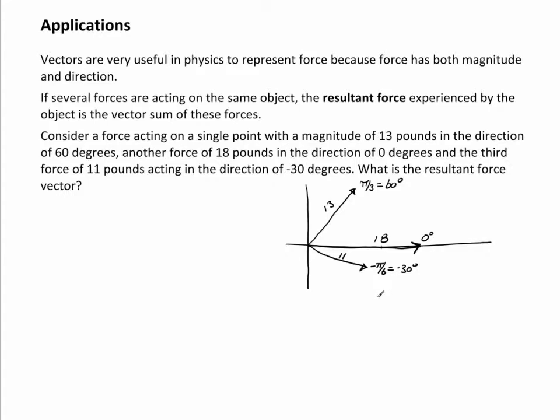Now, when I start thinking in terms of the resultant force, at what angle and what magnitude does this thing feel like it's being pulled? Well, if I take a look first at this first vector, the resultant force, what it's feeling in terms of the x-axis, I didn't label this.